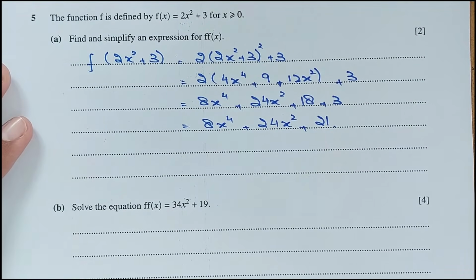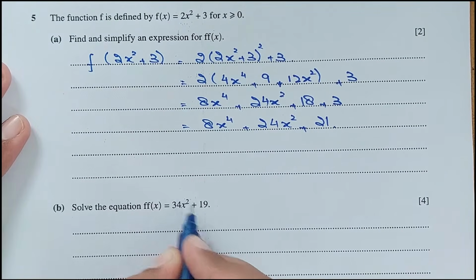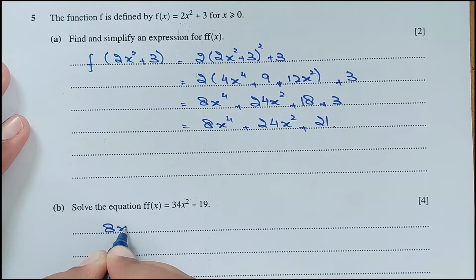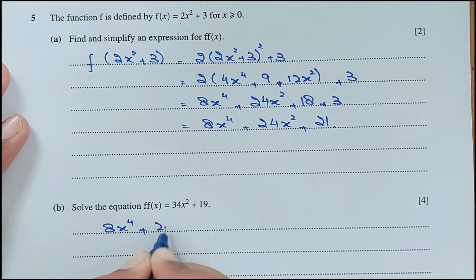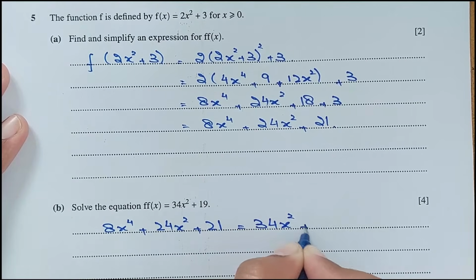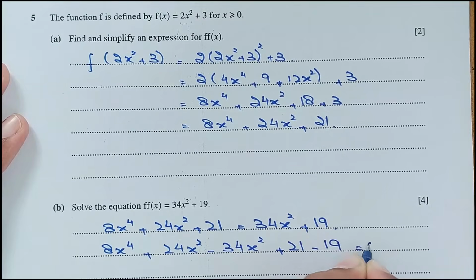Now for part B, solve the equation f composition f of x equal to 34x squared plus 19. So put this equal to this. So 8x^4 plus 24x squared plus 21 equals 34x squared plus 19. Right, 8x^4 plus 24x squared minus 34x squared plus 21 minus 19 equals 0.